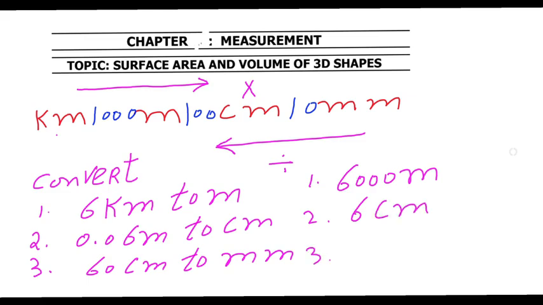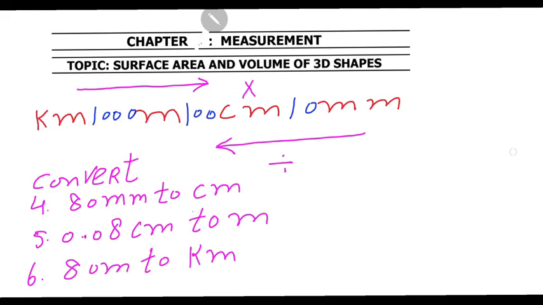Now the last one, 6 centimeter to millimeter, again you multiply. So 6 centimeter multiplied by 10 is going to be 600 millimeter. This is my final answer.